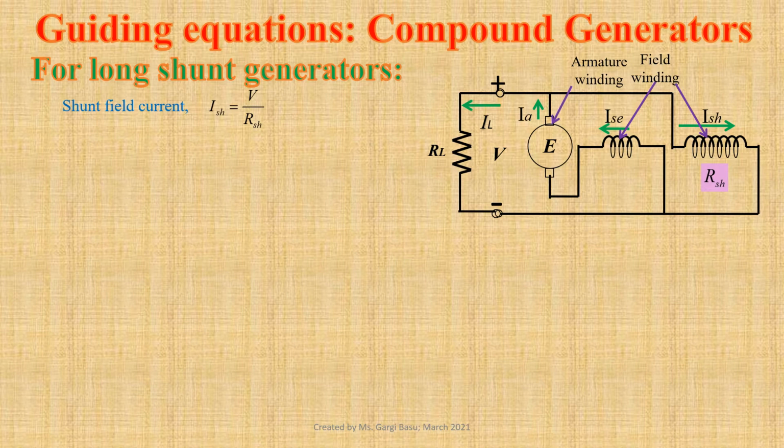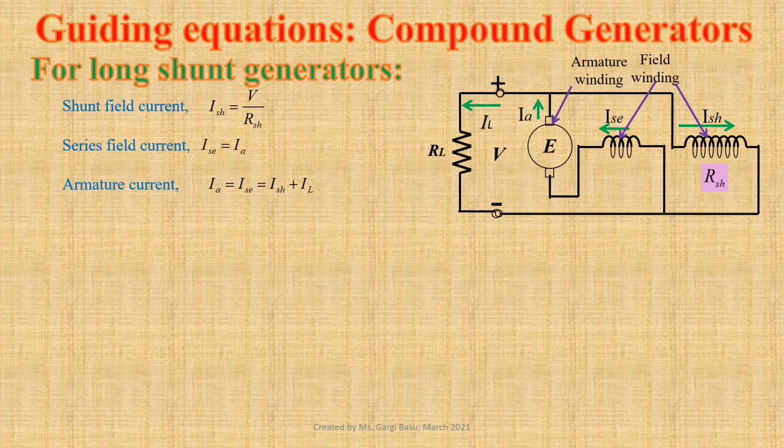Since armature and series field windings are connected in series, series field current IAC equals IA. Armature current IA equals IAC equals ISH plus IL.